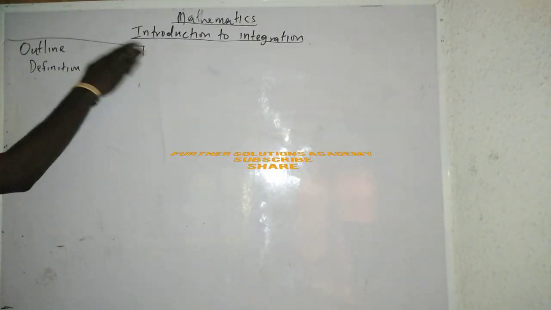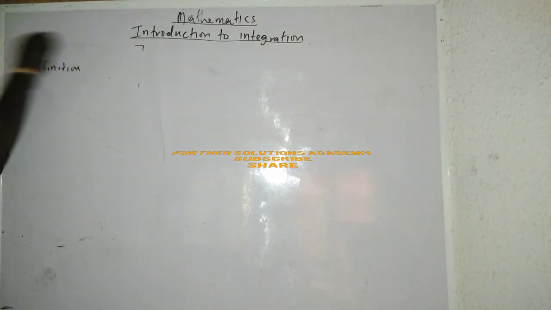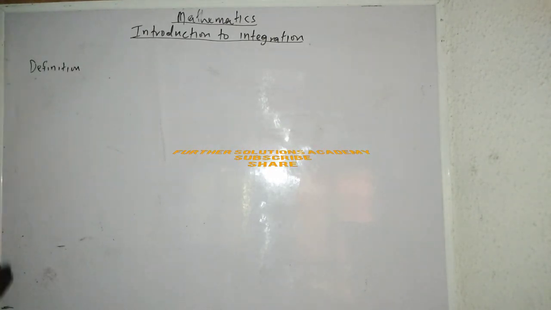Now, if I'm talking about integration, as I've said, it is very wide. When we are talking about the definition of integration, number one, integration is from calculus, and calculus gives birth to two, which are called differential calculus and integral calculus.